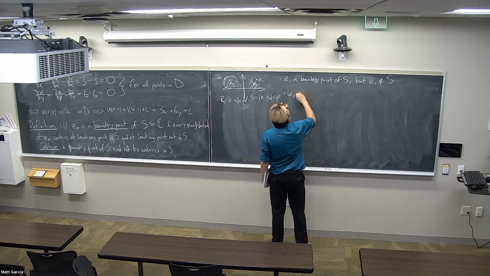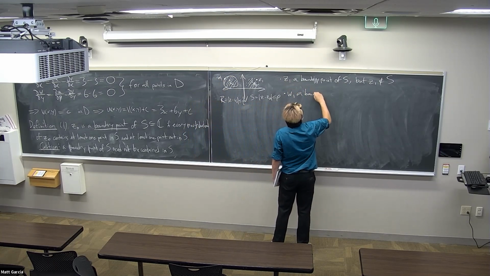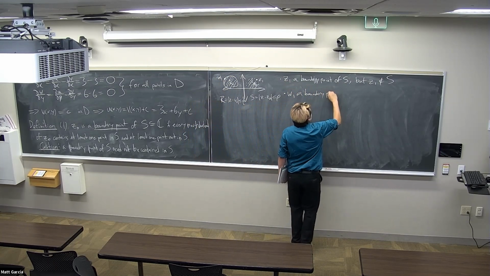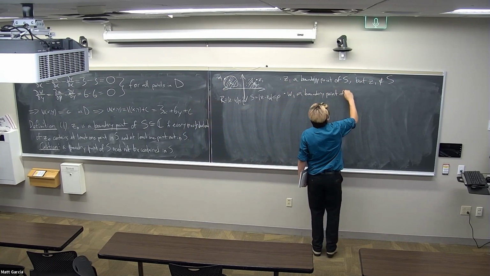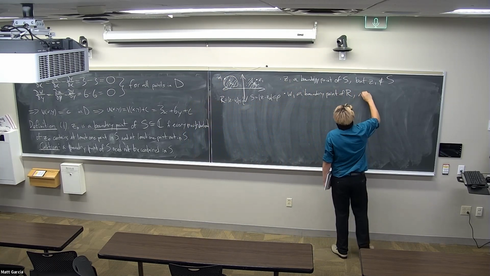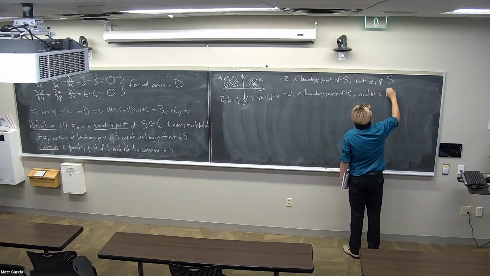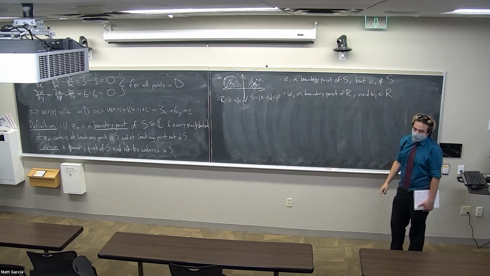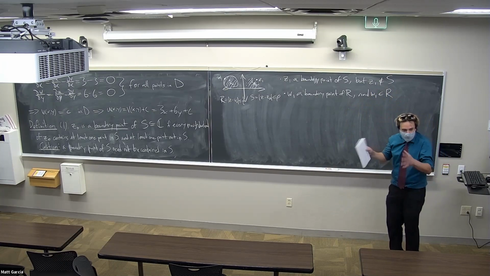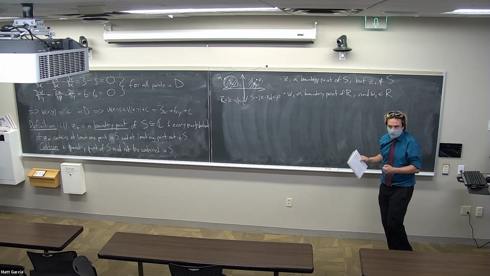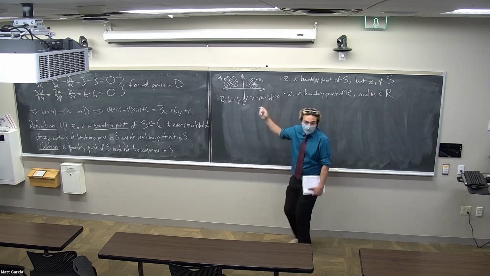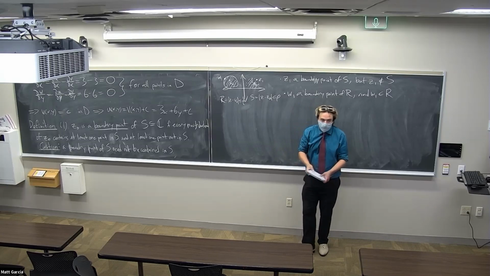W1, a boundary point of R, and W1 is an element of R, right? Okay, so just keep that in mind when you're dealing with boundary. The boundary is kind of a tricky thing to get a hold of, but once you have this kind of picture in your mind, it becomes a little bit easier. Okay?